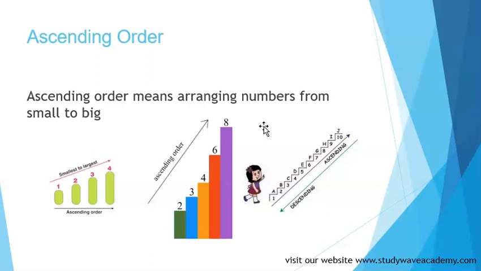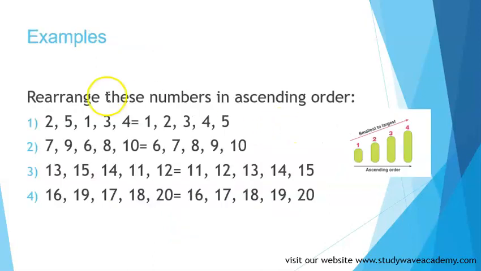Okay, so we're going to be looking at some examples on how to arrange our numbers from small to big. We arrange these numbers in ascending order. So we have the numbers 2, 5, 1, 3, and 4.